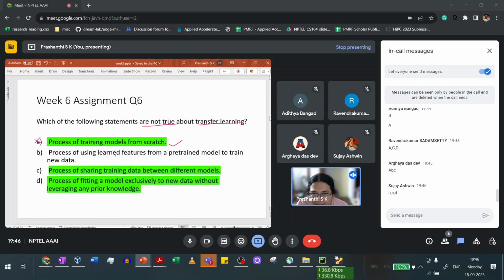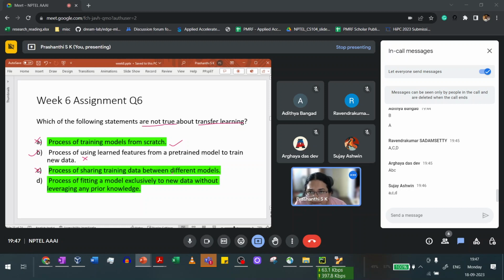Then B says using learned features from a pre-trained model to train new data. So this is again true about transfer learning. So the not true part is false. So this cannot be an answer. Sharing training data between different models, no, that is not transfer learning, right? There is no notion of different models. It is the same model and you are retraining it on a much smaller new data set.